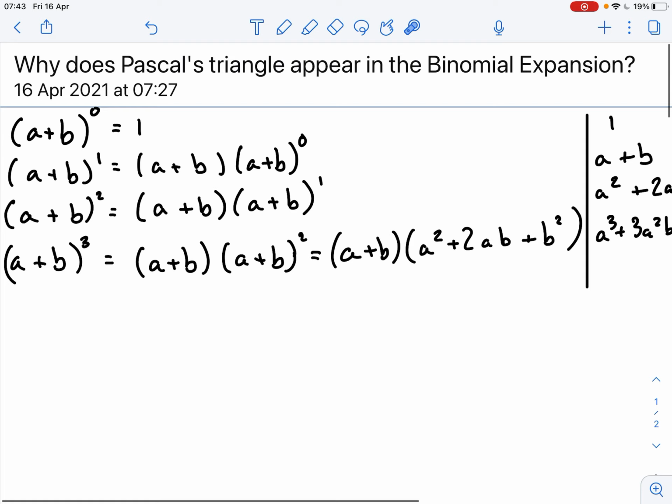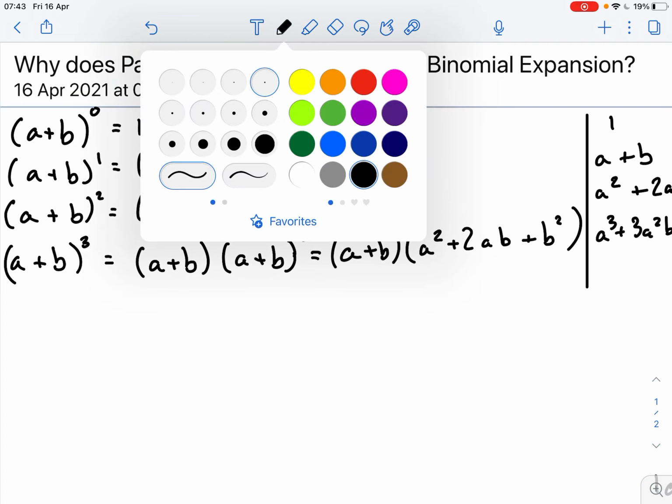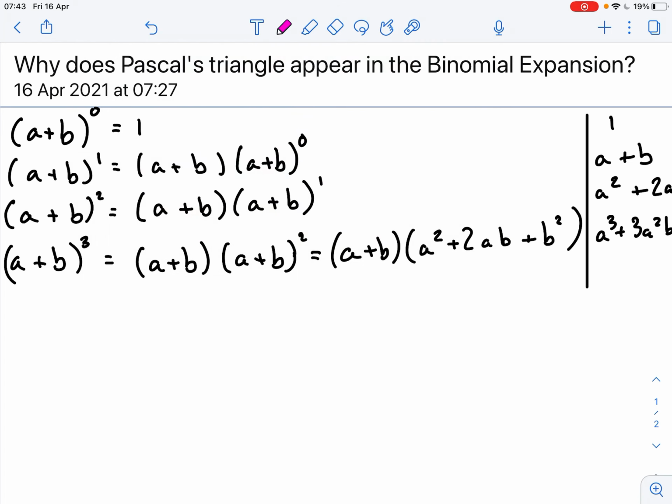A plus b cubed is taking a plus b squared, our previous one, and timesing it by a plus b again. Whenever we multiply by a binomial, the important thing to remember is that this a term will multiply everything in that other bracket, whether it be two terms, one term, or more, and the b term will also multiply everything in there.